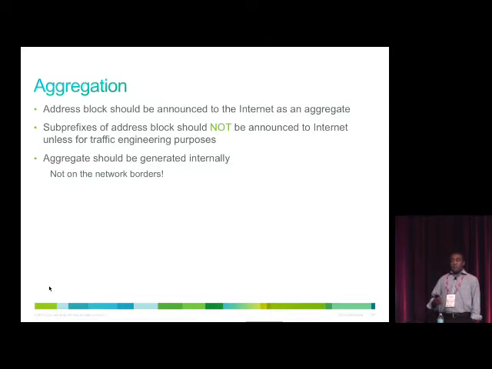So the basic rule of thumb is when you advertise to peers, advertise only your aggregated route or the address space assigned to you instead of the sub-prefixes, and block the sub-prefixes from being advertised. If you have to advertise sub-prefixes for traffic engineering purposes, there are other techniques instead of advertising the same sub-prefixes that are assigned to the customer, and we'll discuss that.